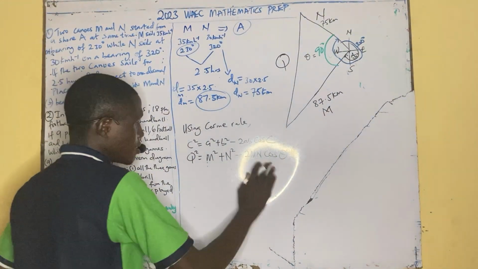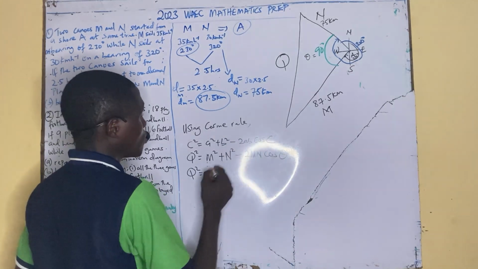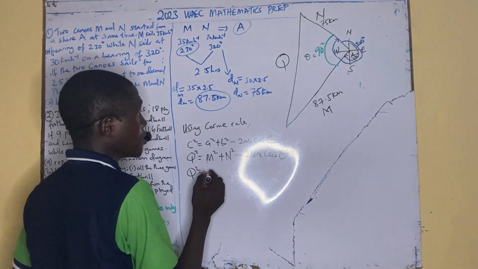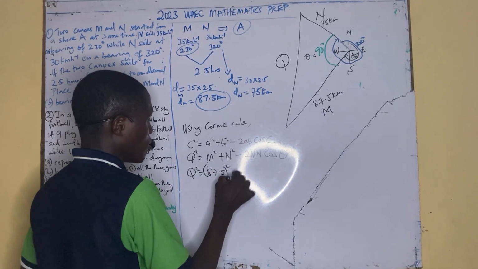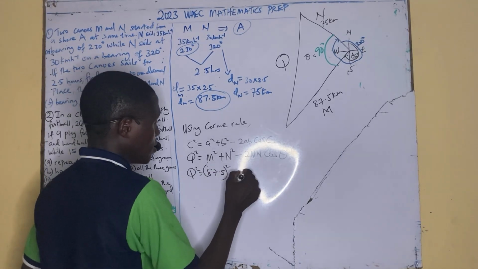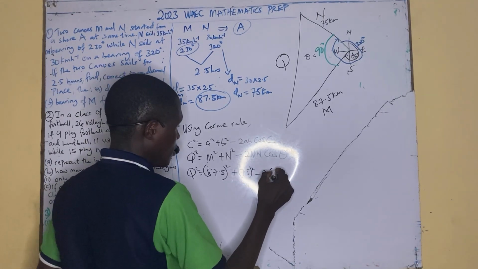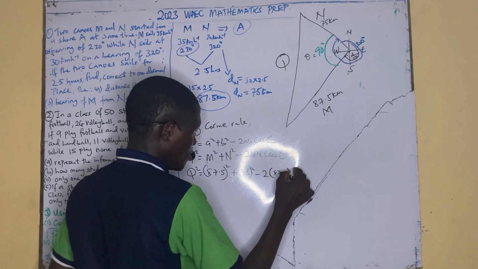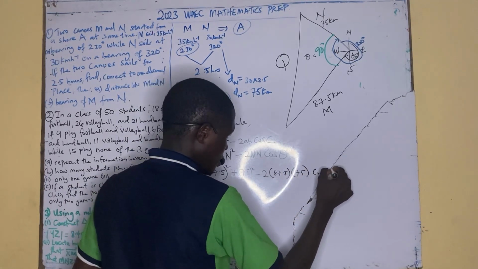So now Q squared is equal to M, which is 8.75, all squared, plus 75 all squared, minus 2 into bracket 8.75 bracket 75 cos 90 degrees.